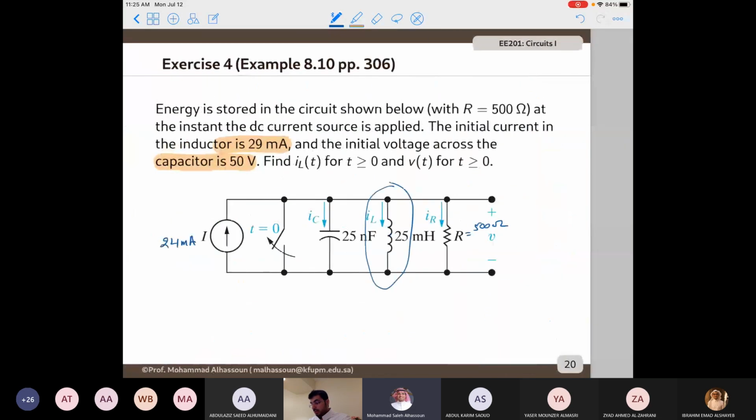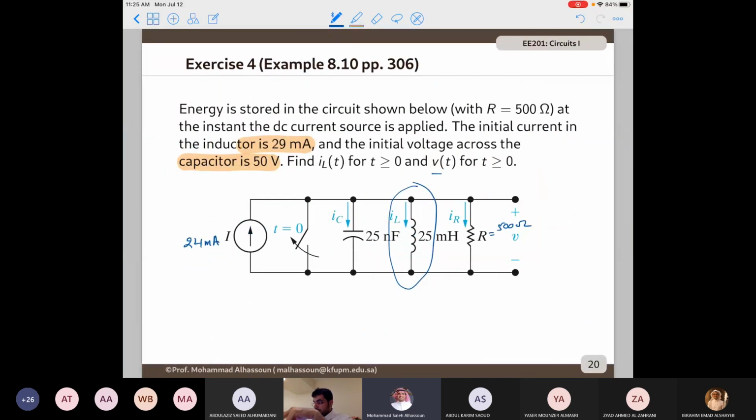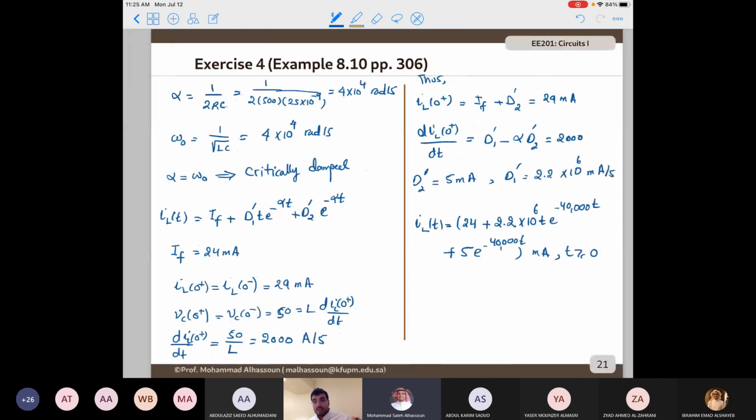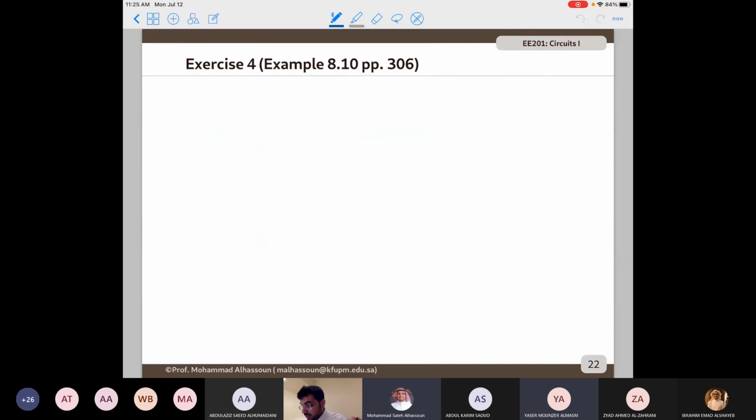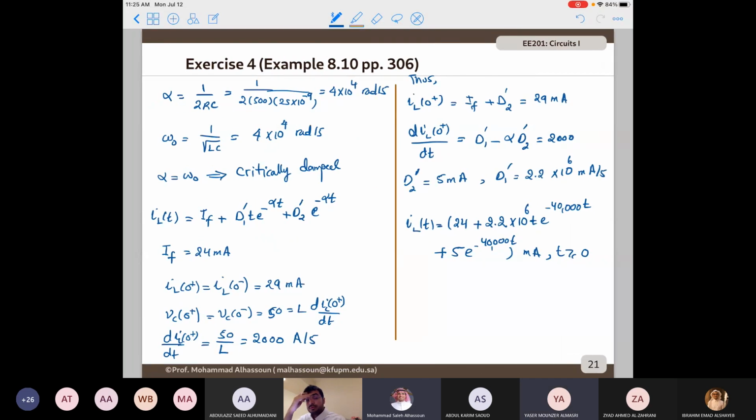Okay. Now we're asked to find the voltage for t greater than 0. Yes, Doctor, I have a question. Sure. For D2, isn't it equal to IL at 0 plus? Why isn't it D2 equal to 29 milliampere?